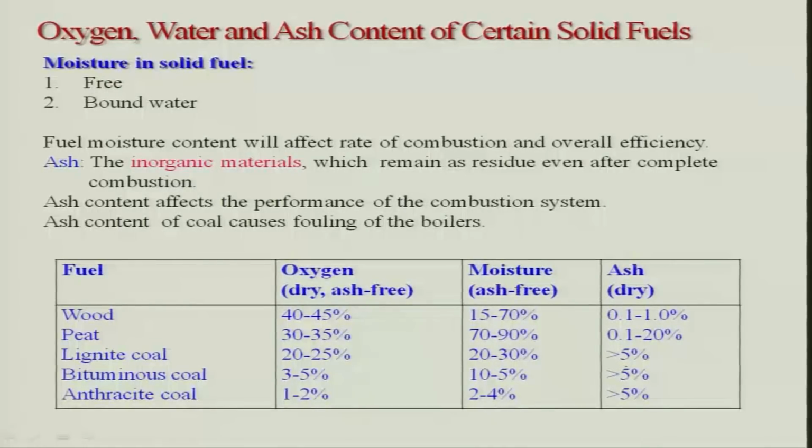But Indian coals will have something like 20 to 40% of ash. That is the biggest challenge for us, how to handle those kinds of coal, of which we have a very vast reservoir.